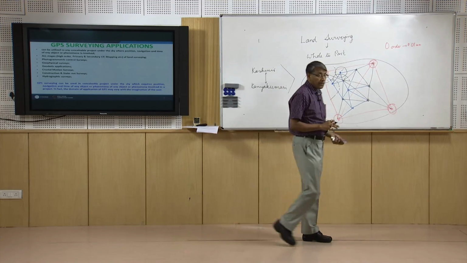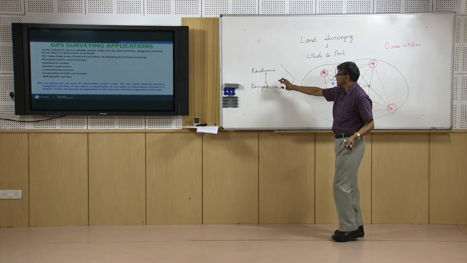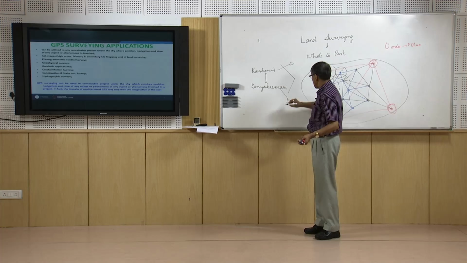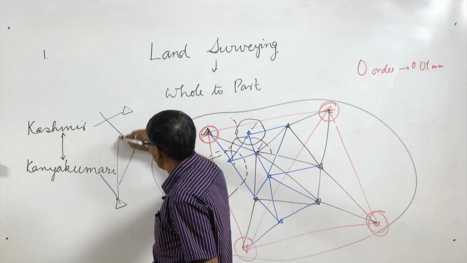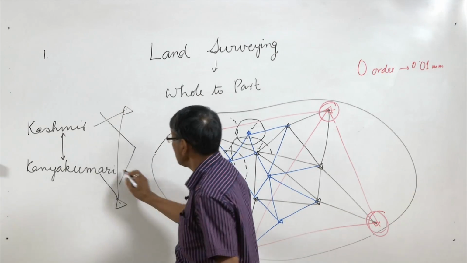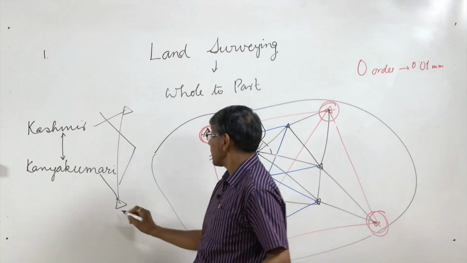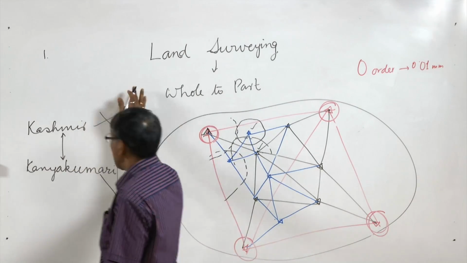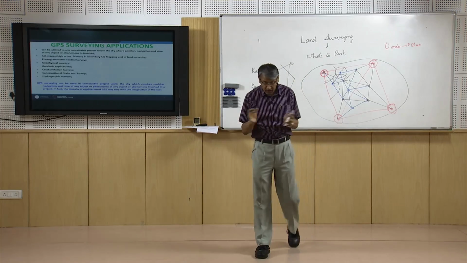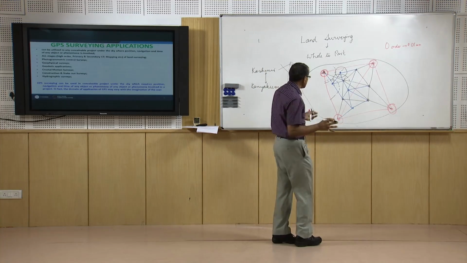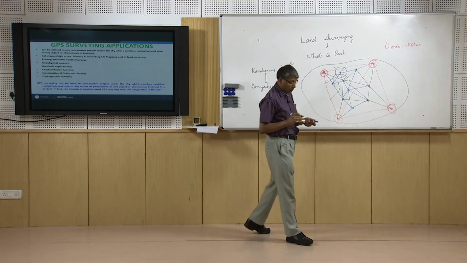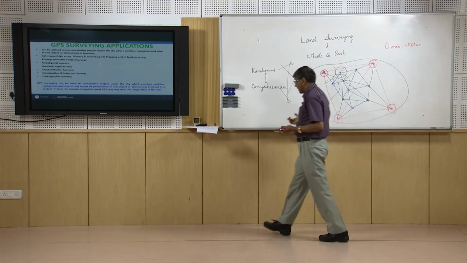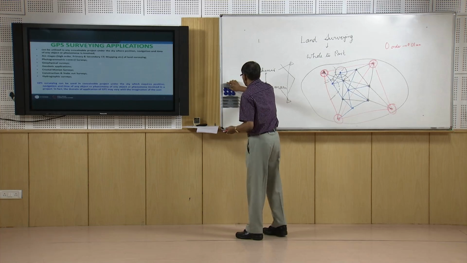Simply we have to set up two instruments, one at Kashmir station, another at Kanyakumari station, and take the observations at both stations. We take these two observations together, process them, and we can get the distance between the two stations very quickly and also economically.